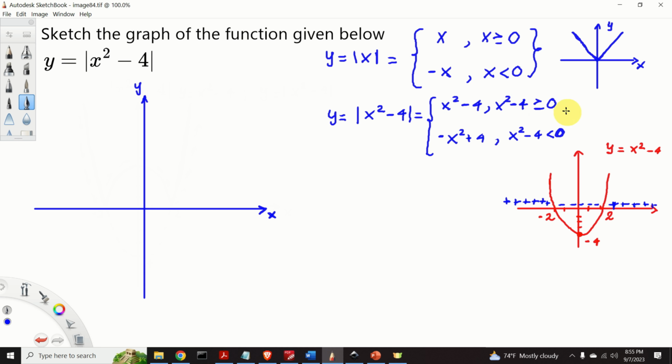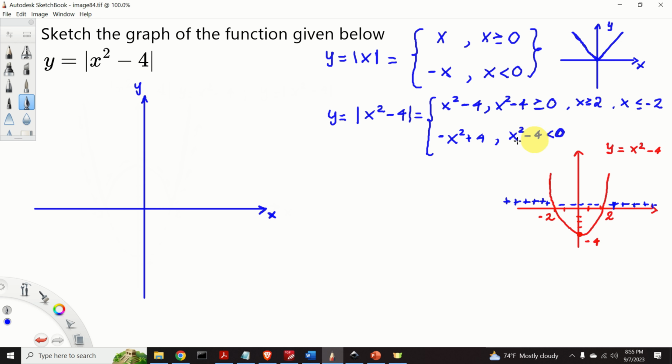Over here, we need to basically add the bounds. For x larger than or equal to 2, this function x squared minus 4 will be larger than or equal to 0, and for x smaller than or equal to minus 2.